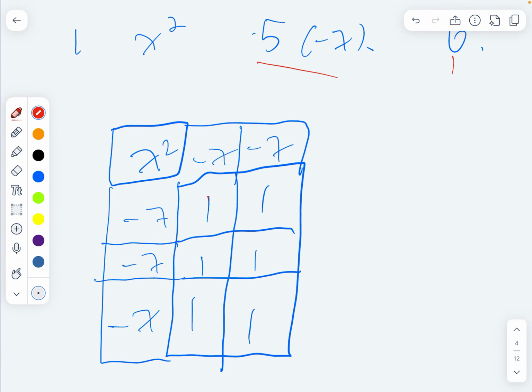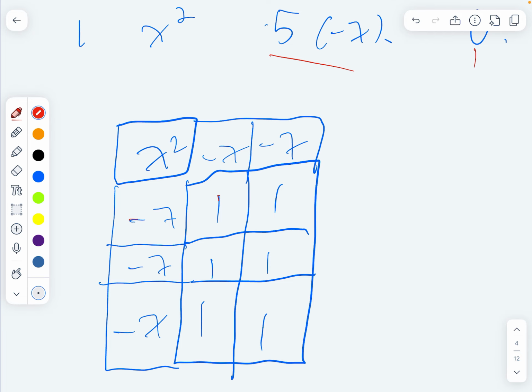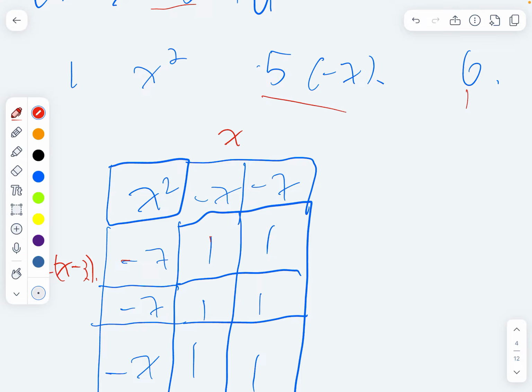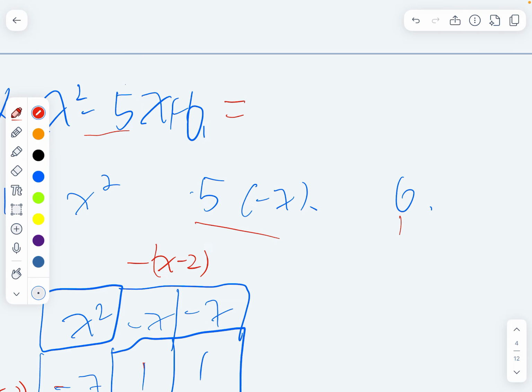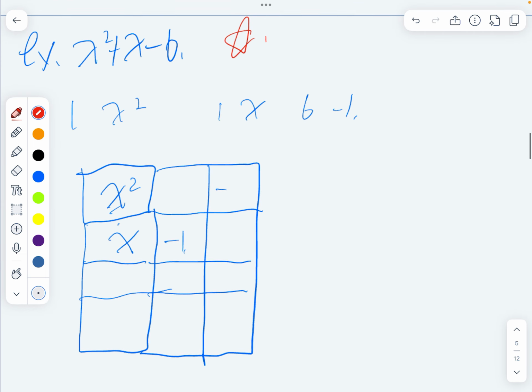Because we have the negative, it's going to be x minus 3 and x minus 2. Since negative times negative cancels, the final answer is x minus 2 times x minus 3. Okay, let's move on to this one.